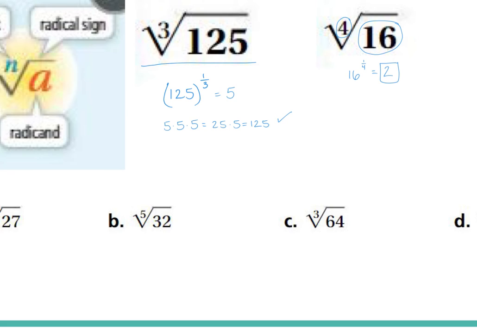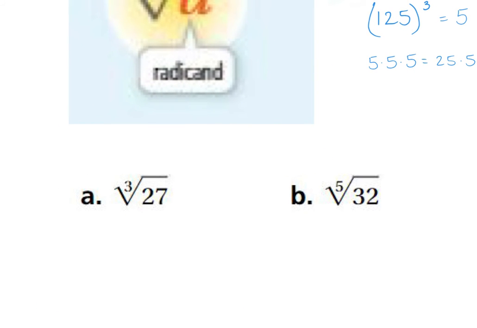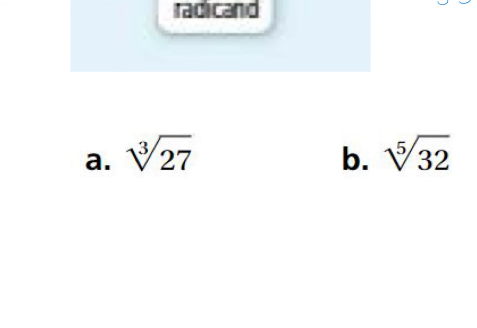Okay. For the first one, for A, Serena, what is my index? 27 and then 1/3. Good. 27 to the 1/3. Now, who can tell me what my index is?